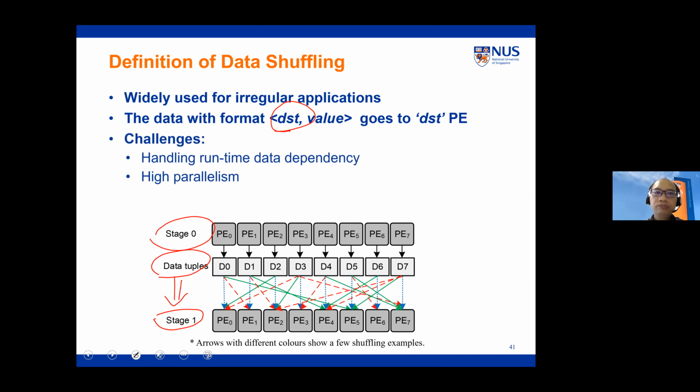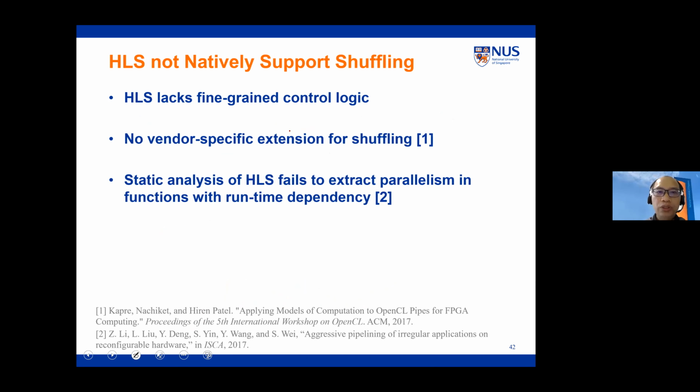So we need to handle the data dependency. Meanwhile, we want to achieve high parallelism. We do see the constraints of HLS: there's no fine-grained logic, and as I mentioned, because it's a runtime dependency, there's no way static analysis can extract the parallelism.